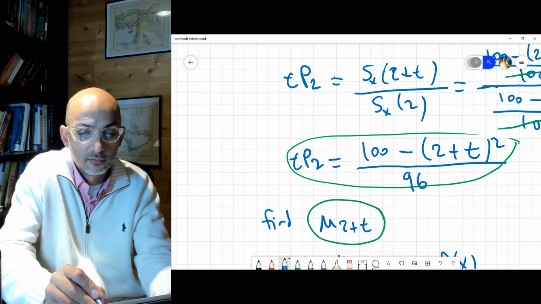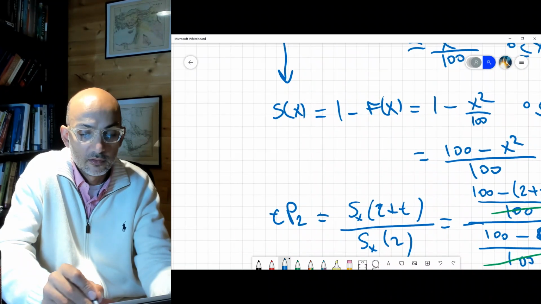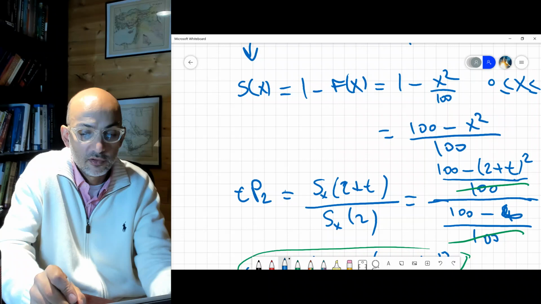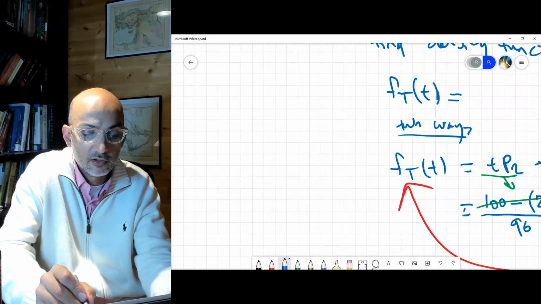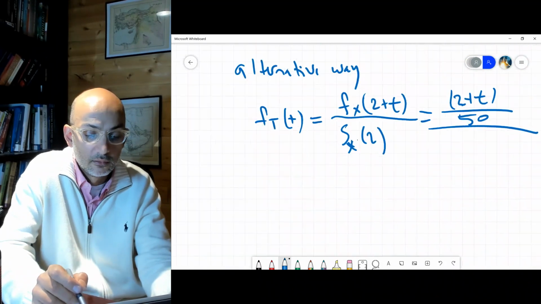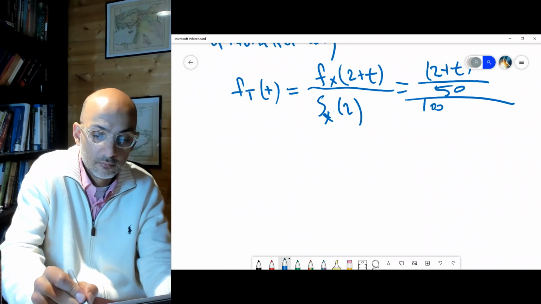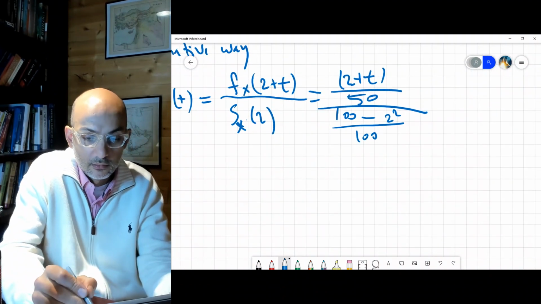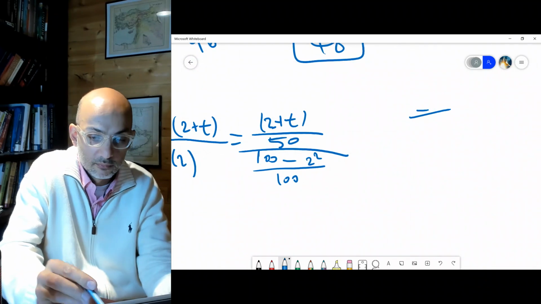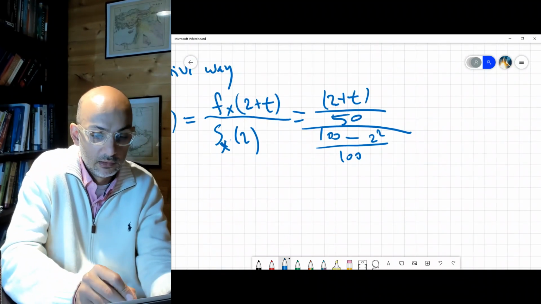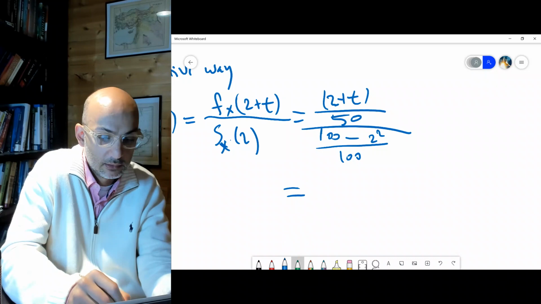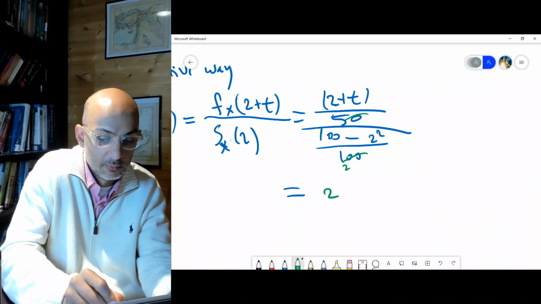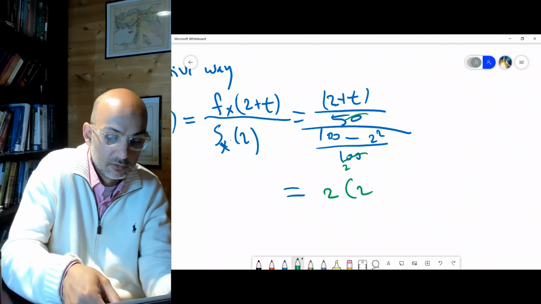This is it. No, not this one. It's 100 minus x squared over 100, which is 100 minus 2 squared over 100. If we do the math here, the 100 cancels out with this one. You are left with 2, and flip it, it will become 2.